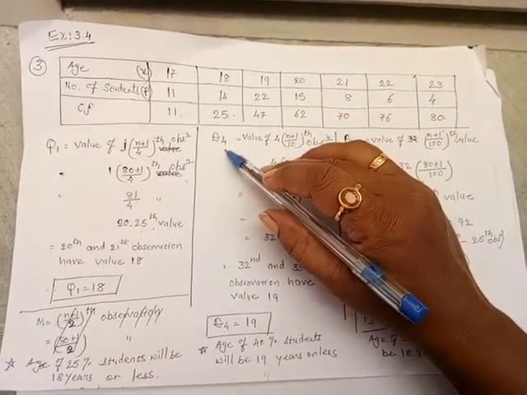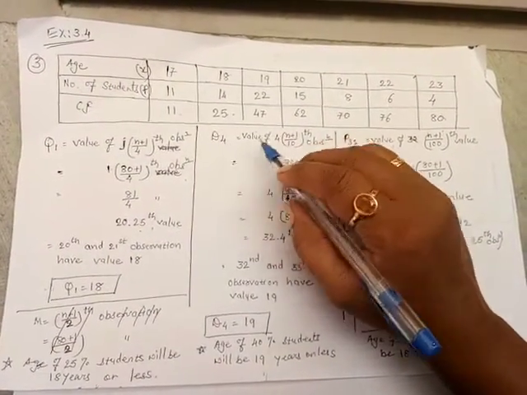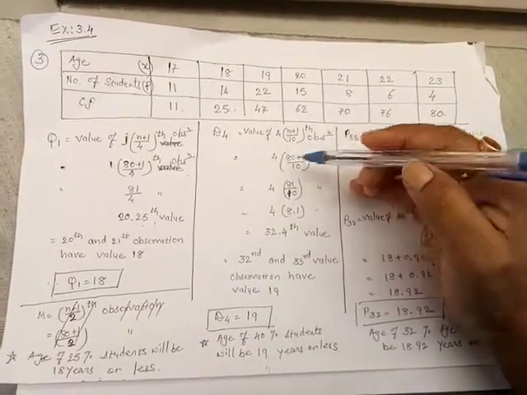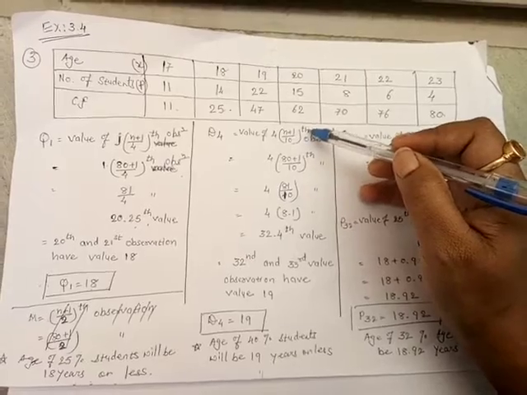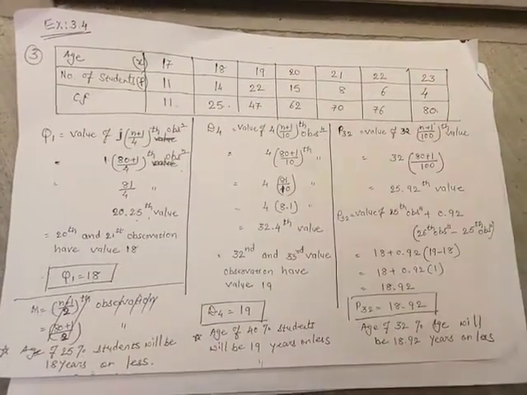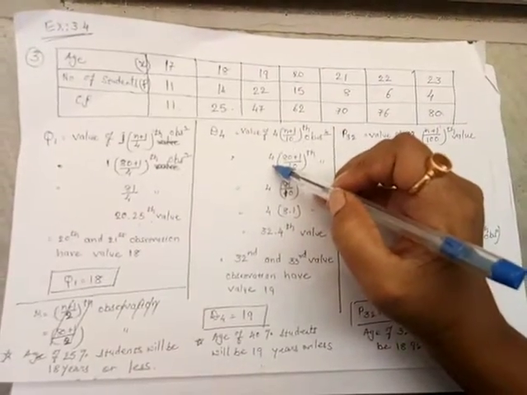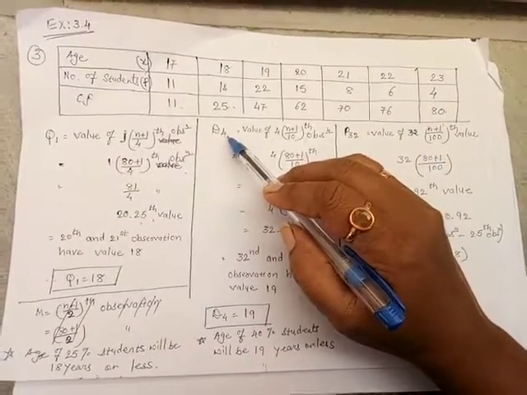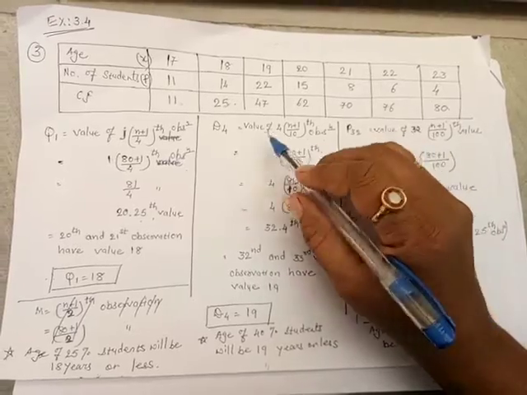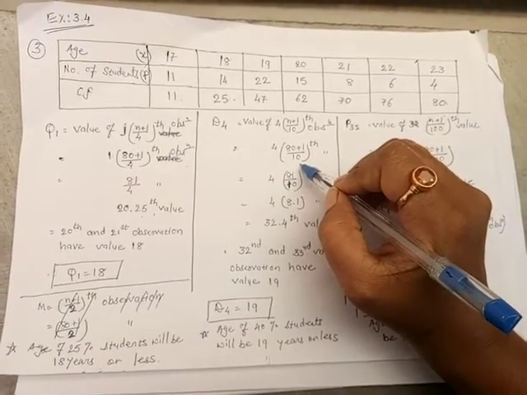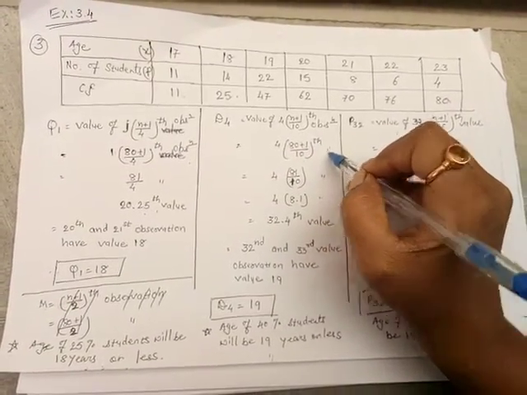Now decile 4 is to be found. First of all we write the formula for discrete series: the value of j in bracket n plus 1 upon 10th observation. In place of j we write 4. So 4 in bracket 80 plus 1 upon 10th observation.